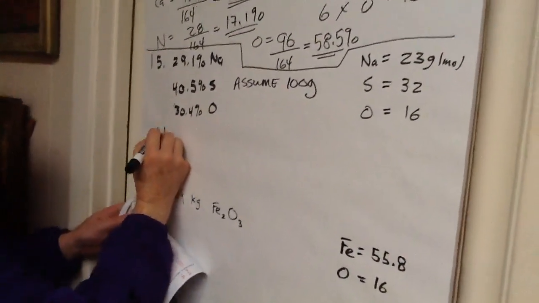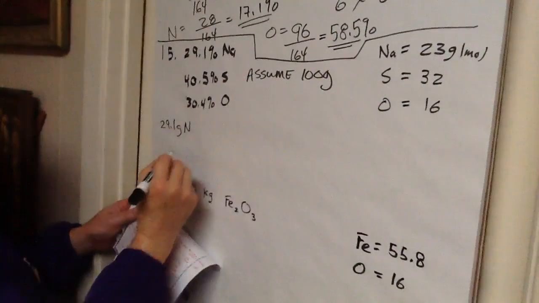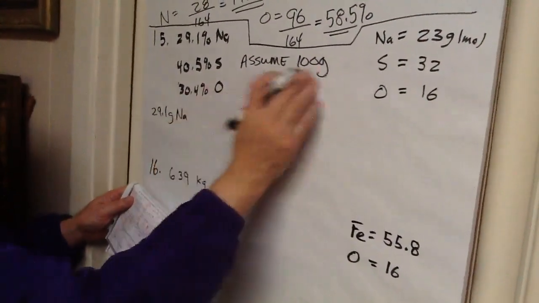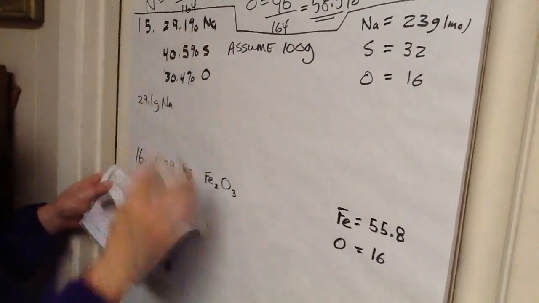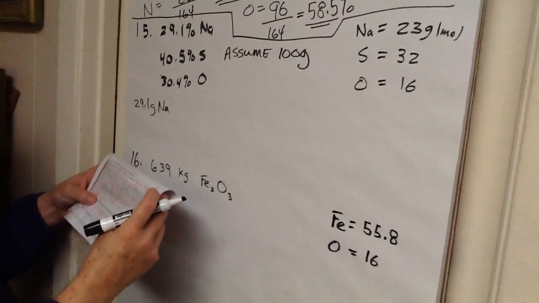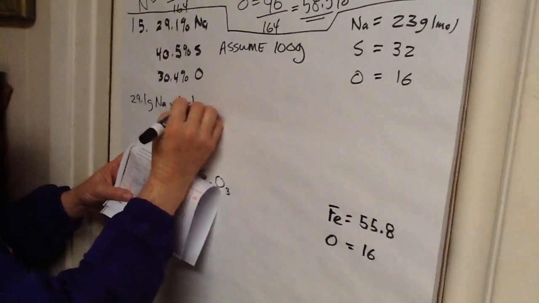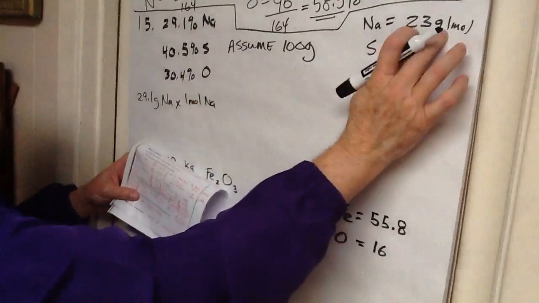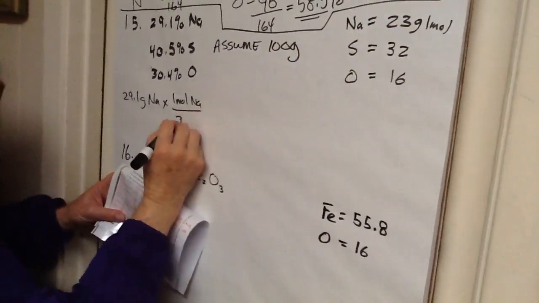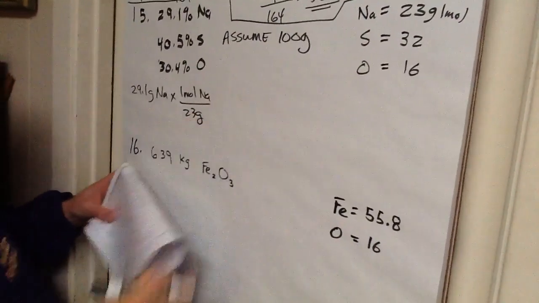So 29.1 grams of sodium, because it told me if I have 100 grams of this, 29.1% of it's sodium. Okay? Times 1 mole of sodium per 23 grams.